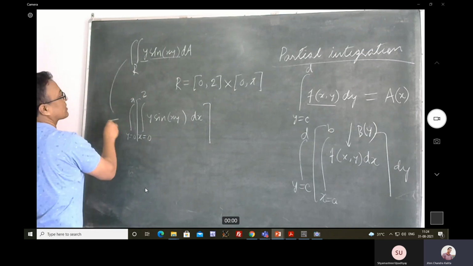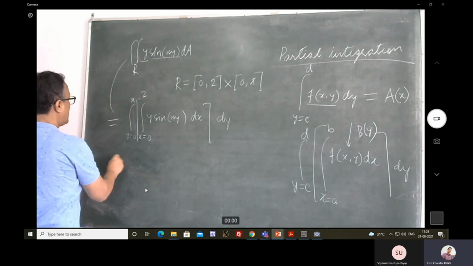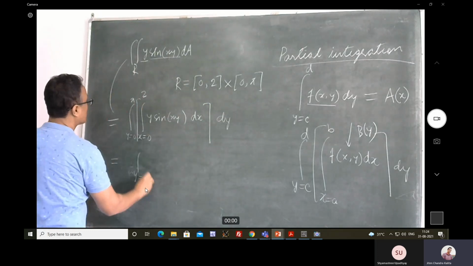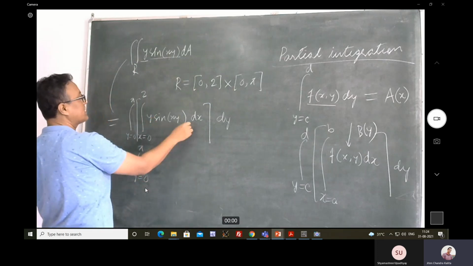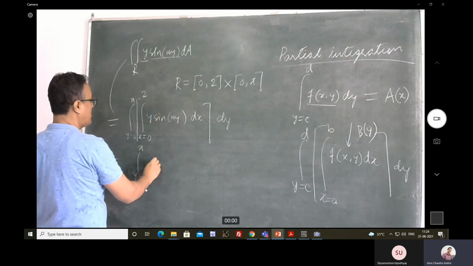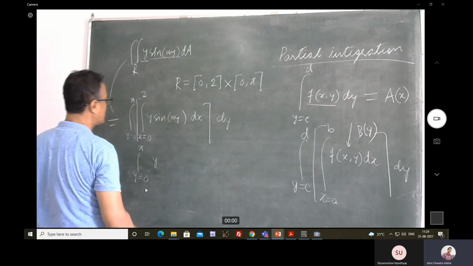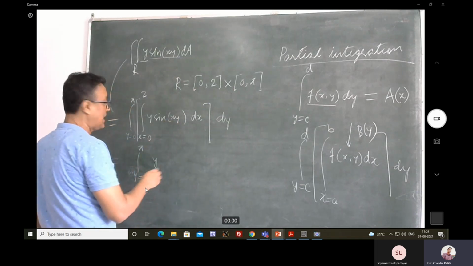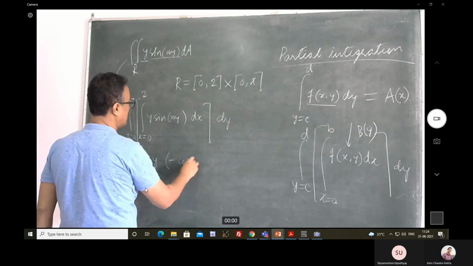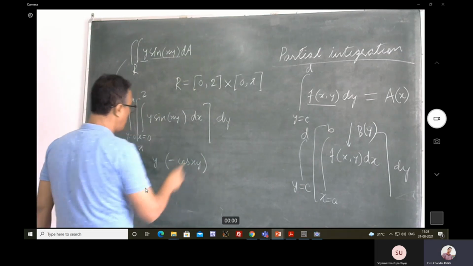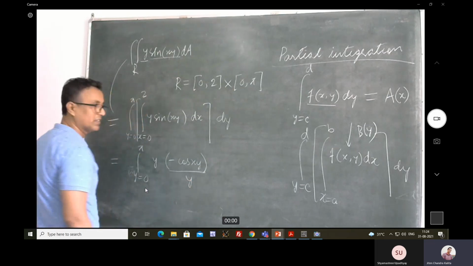Since I am going to integrate this partially with respect to x, my y is constant, and from here I'm going to get minus cos xy divided by y, isn't it?